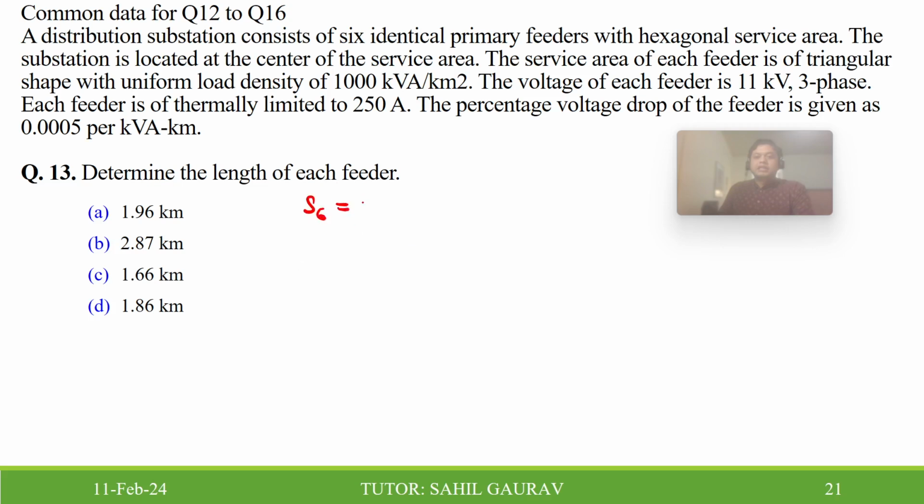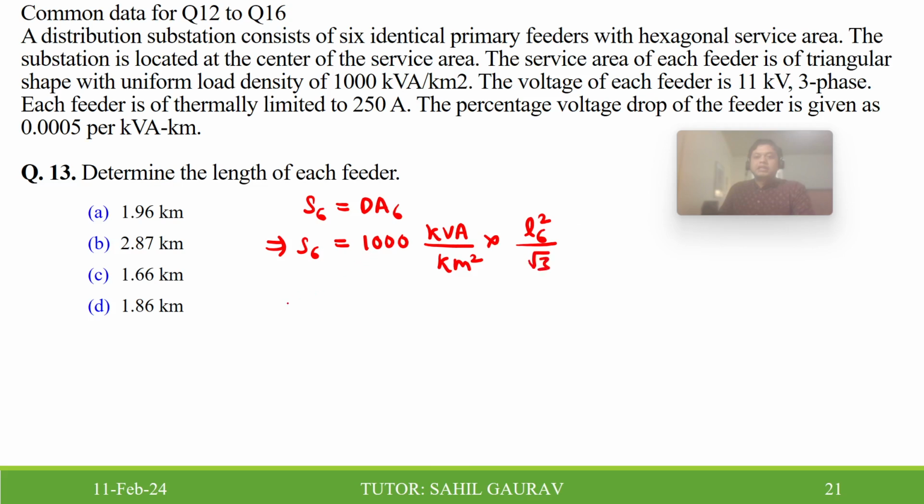We know that S6 is equal to D into A6, and as we have discussed, we can write A6 as follows. First, D is equal to 1000 kVA per kilometer square, and A6 is L6 square divided by root 3, because tan 30 value is 1 divided by root 3.